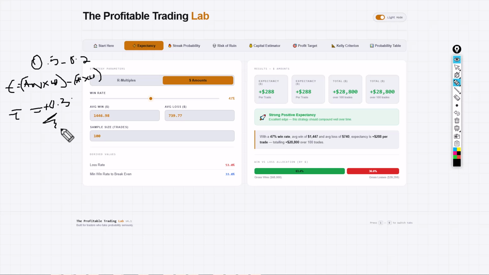But if this number was negative, for example it was 0.2 minus 0.5 and you ended up with minus 0.3, that will tell you that the trading approach or methodology you're dealing with is a negative expectancy system, and so over the long run there's a high likelihood that that approach is going to end up losing you money.